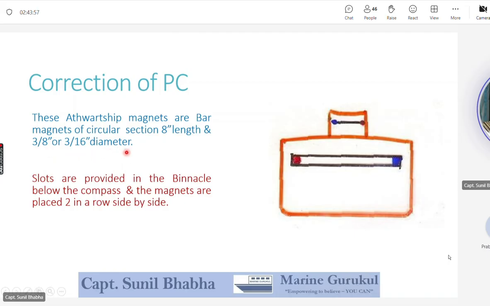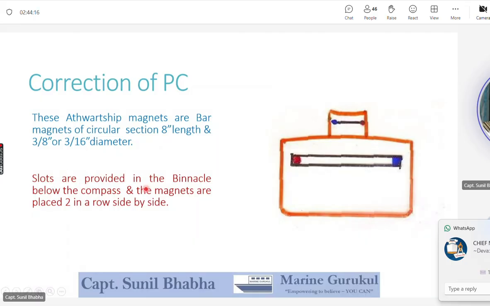Two thicknesses are usually provided by the compass makers. In case a powerful magnet is required, then we will be using the 3 by 8 inch configuration, and in case we need a not very powerful magnet, a 3 by 16 inch diameter magnet can be used.